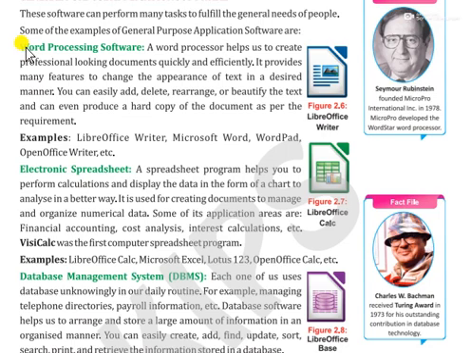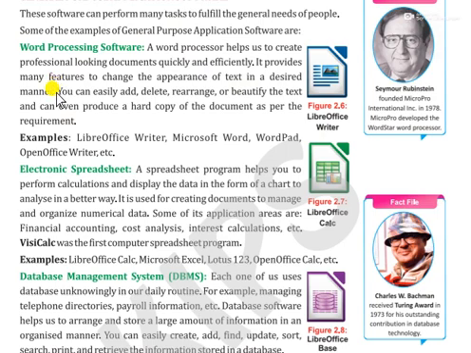Here you can see word processing software. You will write the answer as, a word processor helps us to create professional looking documents quickly and efficiently. It provides many features to change the appearance of text in a desired manner. So you will write the answer only up to manner.